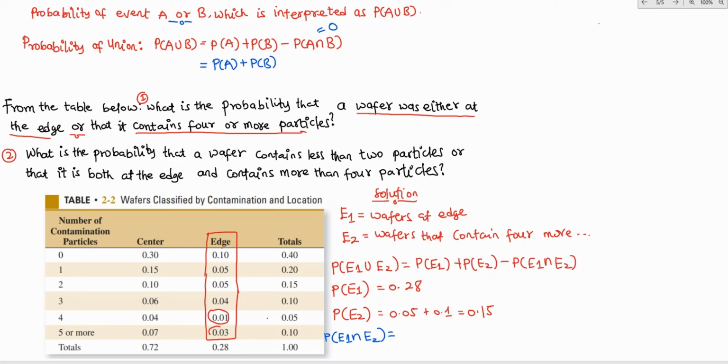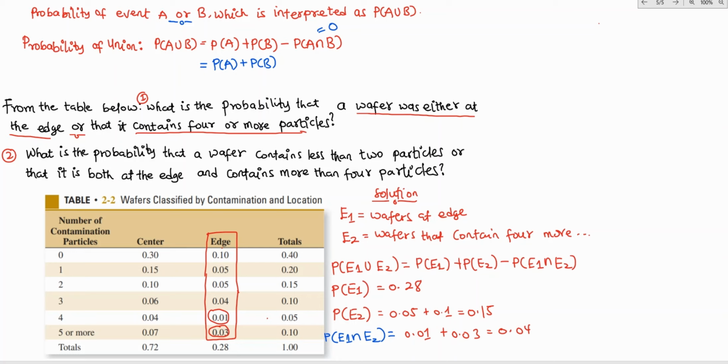These two probabilities are the probabilities for wafers that are at the edge and also contain four or more particles. That's what this means. So to get the probability of E1 intersection E2, we are going to have 0.01 plus 0.03, and this will give us a value of 0.04.